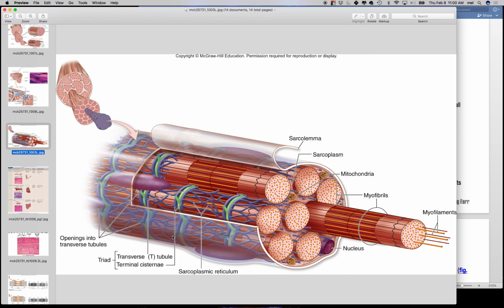Myoglobin is similar to hemoglobin. Hemoglobin binds to and carries what around in the bloodstream? Oxygen. Myoglobin binds to and stores small quantities of oxygen inside each skeletal muscle fiber. So now what we have is skeletal muscle fibers. Skeletal muscle is our emergency response tissue.